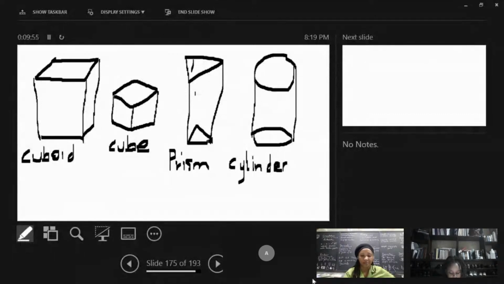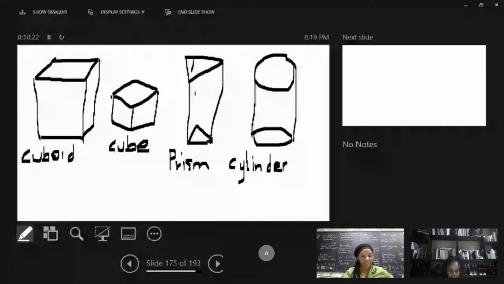All right. So now the rectangular prism is the cuboid, which might have different widths and heights. The square prism, the cube, has all sides the same length. If this is 6, that is 6, 6. All the sides of a cube are the same length.